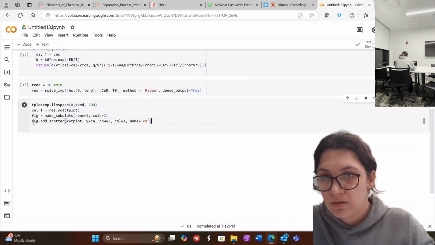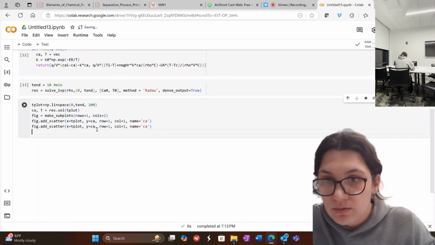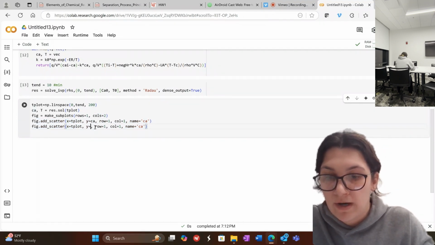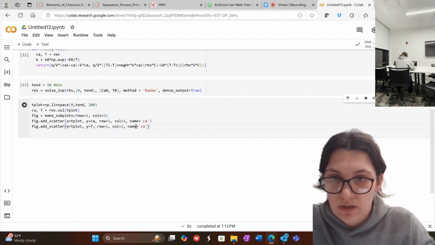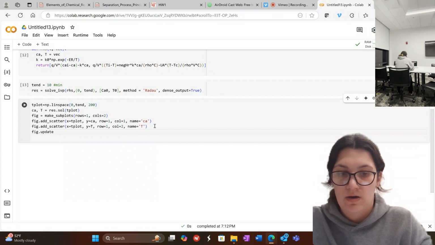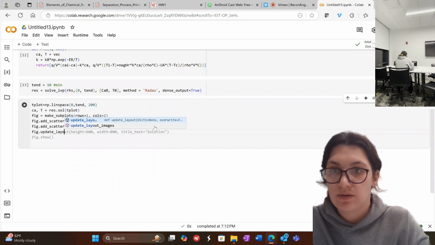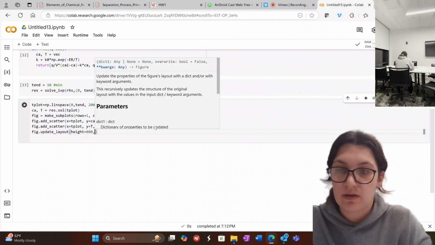Copy paste this and change this Y to T, column 2, name T. Then the layout, to make sure that we can see everything clearly.